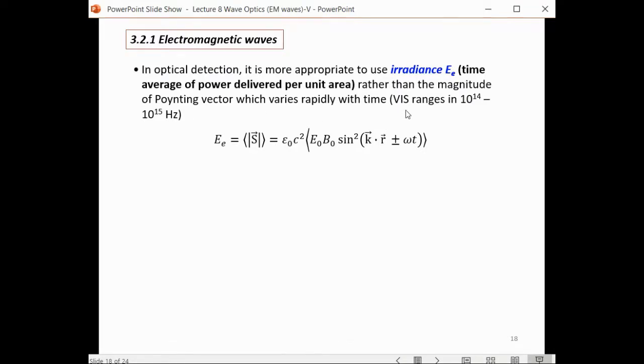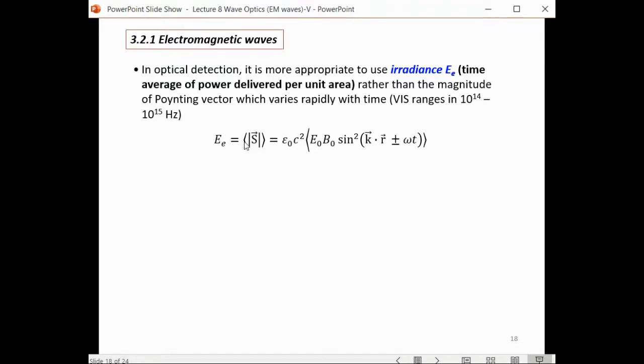Hence, it's more appropriate to take the average value over one full wave, that is the irradiance value, which is defined as the time average of power delivered per unit area.